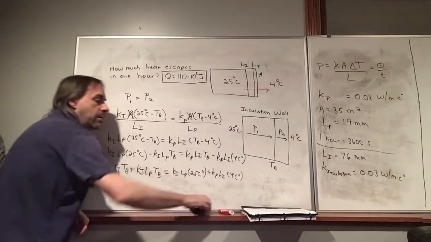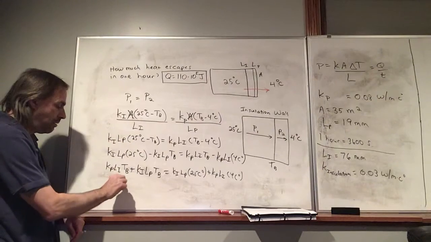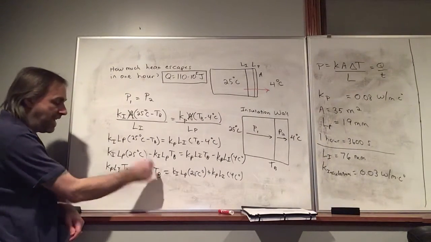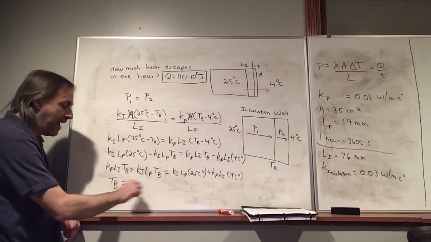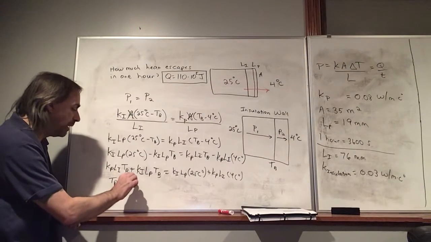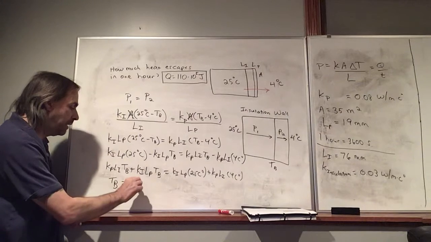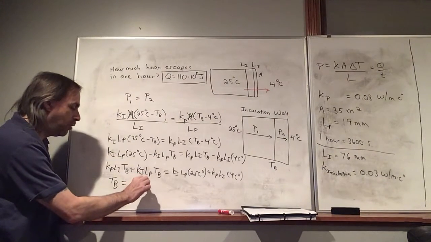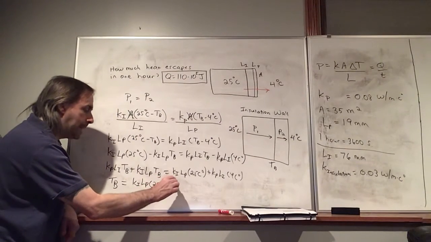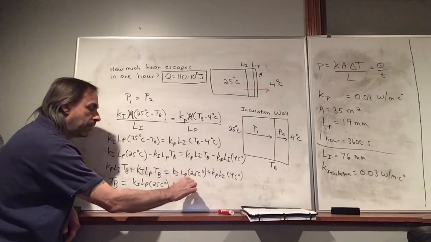And so we can factor our unknown TB. So what we'll have is Kp Li plus Ki Lp. So we'll divide by that. I'm going to write this part down. We can't really simplify anything here. It's kind of this messy thing. So Ki Lp times 25 Celsius degrees plus Kp Li.